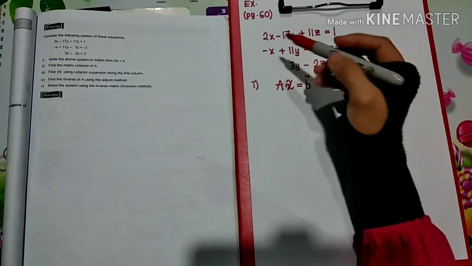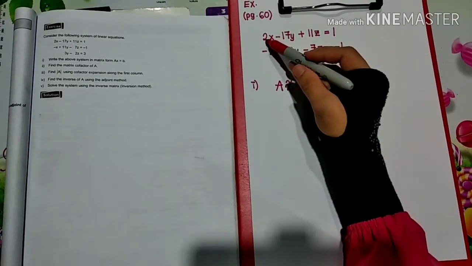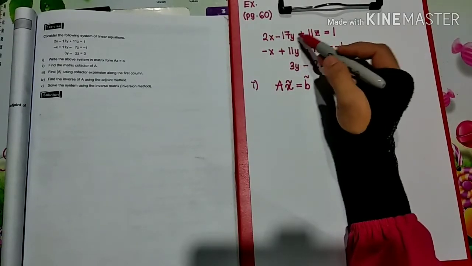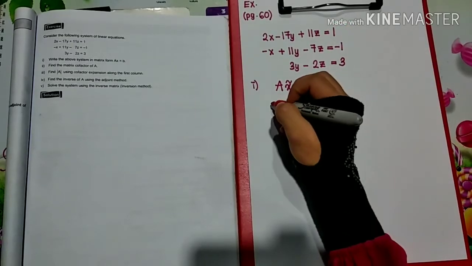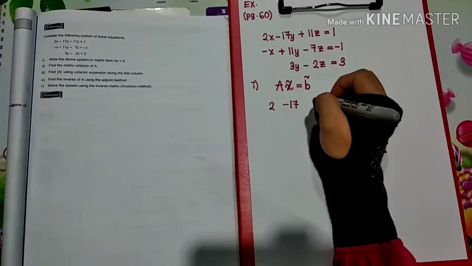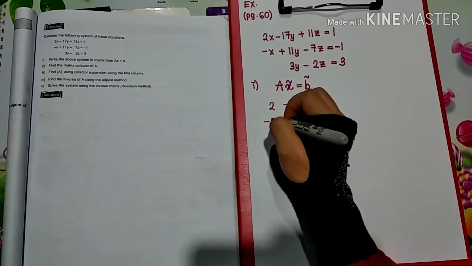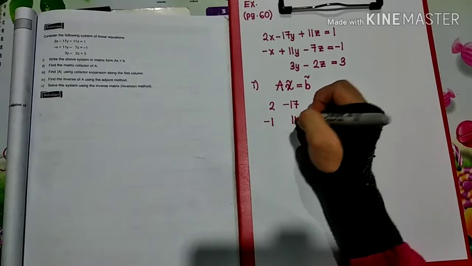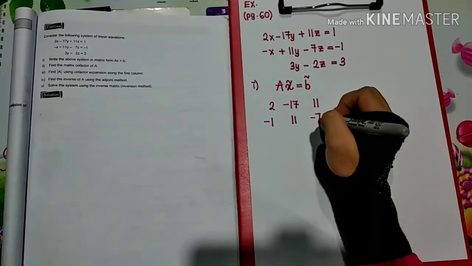The coefficient matrix. So you take all the coefficients for X, for Y, and for Z. So what you will have here: 2, negative 17, 11, negative 1, 11, negative 7.